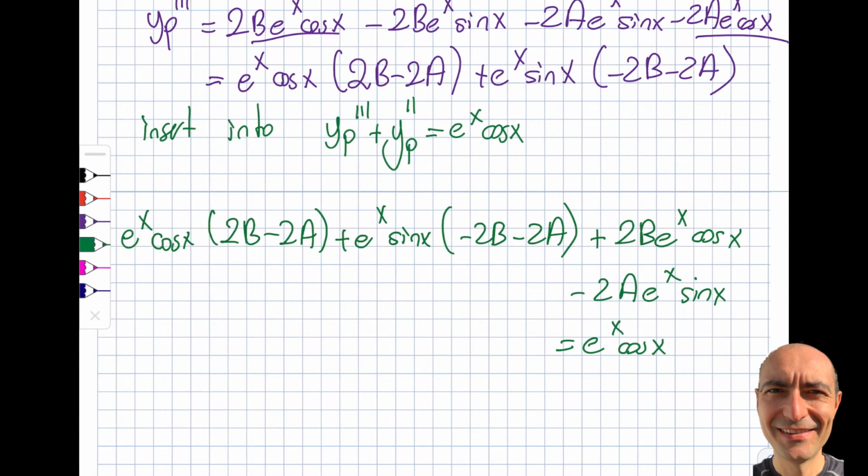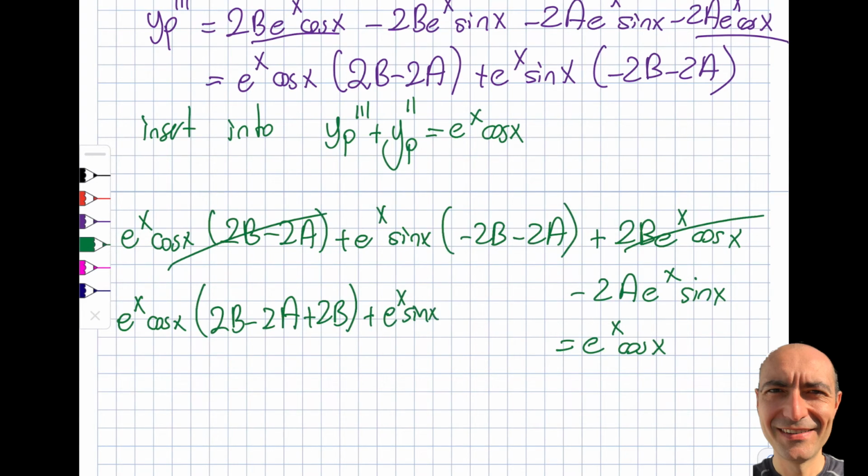So I can simply go ahead and combine things like this. e to the x cosine of x times 2b minus 2a plus 2b, right? Basically, I accounted for these two terms. Plus e to the x sine x times minus 2b minus 2a minus 2a, right?